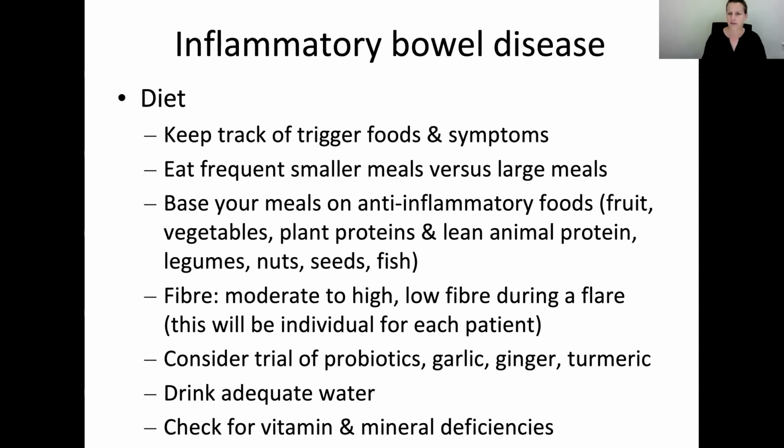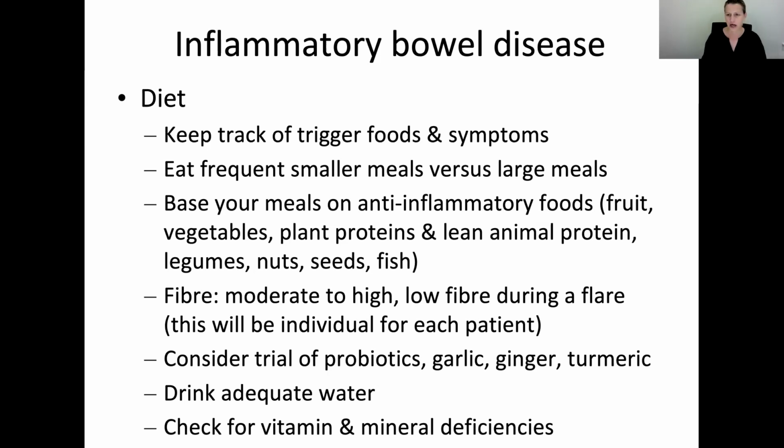A lot of our clients might consider a trial of probiotics and things like garlic, ginger, turmeric. All of these things have some good evidence for inflammatory bowel disease. The research is not all the highest form of research that we would talk about, but there is good evidence that these things may help some people.